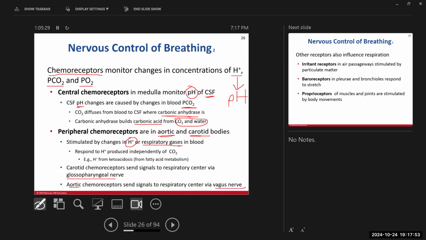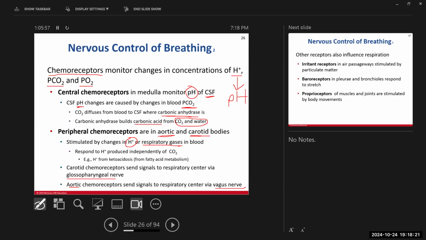So if we increase our hydrogen ion concentration, we make a solution more acidic, and so we've got to figure out a way to get rid of that. That gets into buffering and all that, which we will discuss, trust me. For right now, because I don't want to throw too much at you, I want you to just understand that hydrogen ion concentration, carbon dioxide concentration, and oxygen concentration play very important roles.